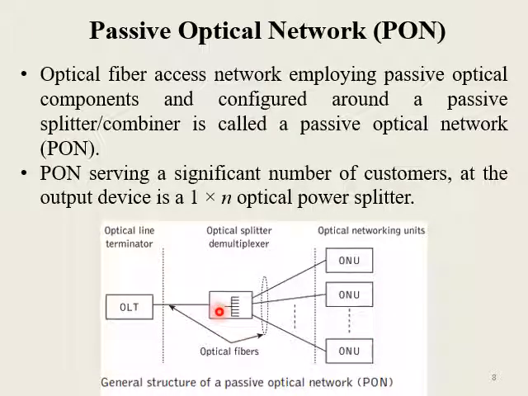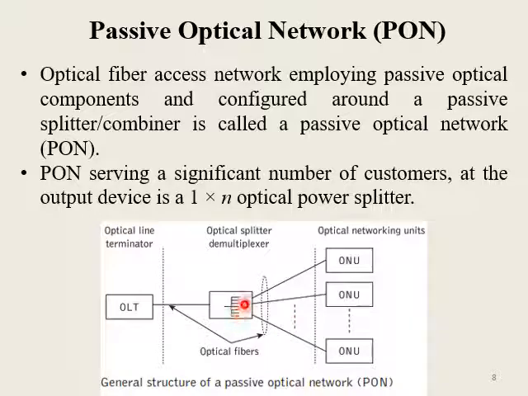So we need a 1 into n optical splitter to split the information, or demultiplexing is required, from the local office towards the premises end. But on the local office side, we need something like an OLT, that is the optical line terminator, which is used for the termination of the light information passed.